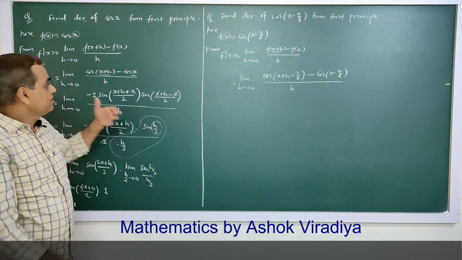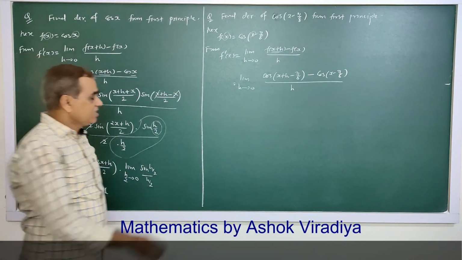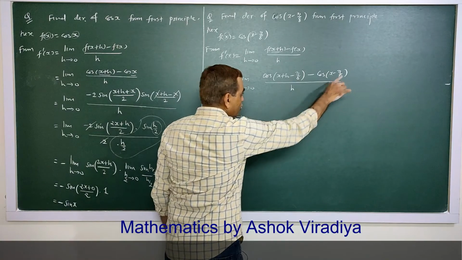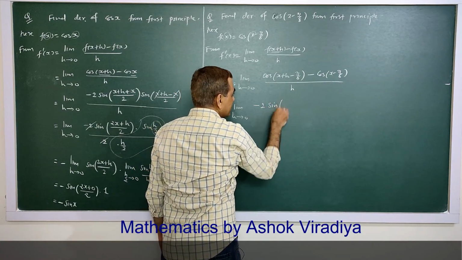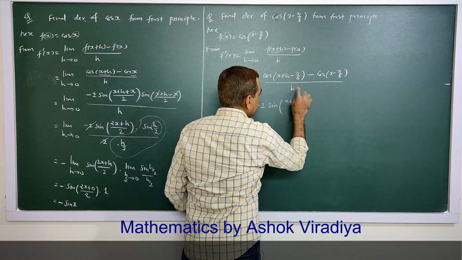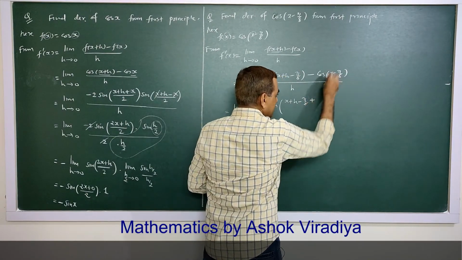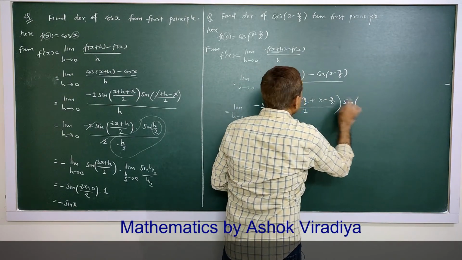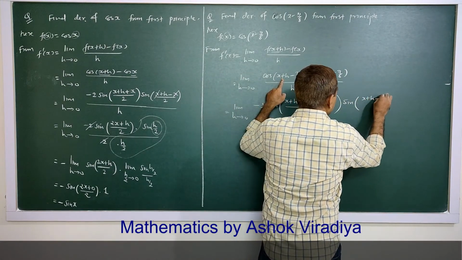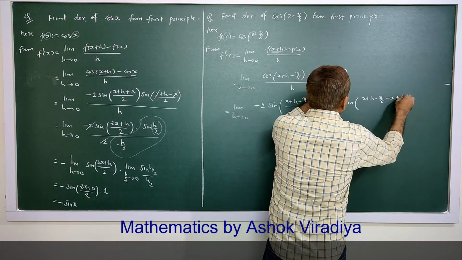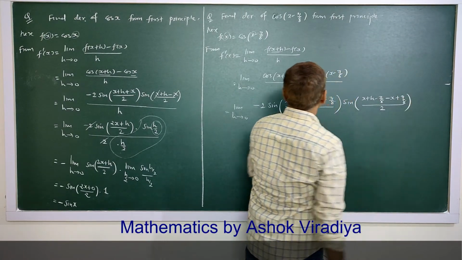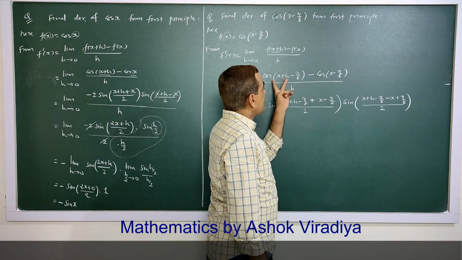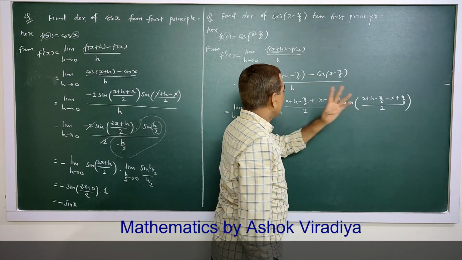Now once again the same application, cos c minus cos d. So limit h tends to 0, cos c minus cos d is minus 2 sine (c plus d) by 2 sine (c minus d) by 2, upon h.